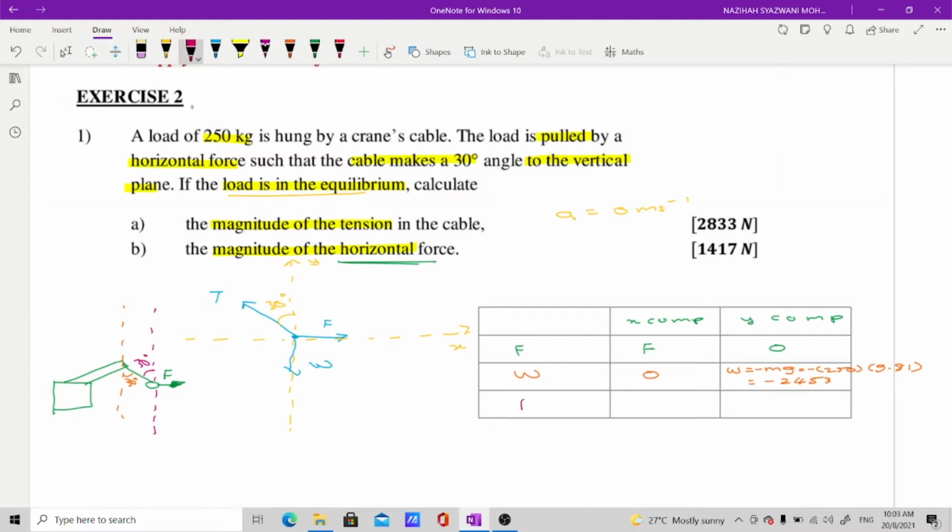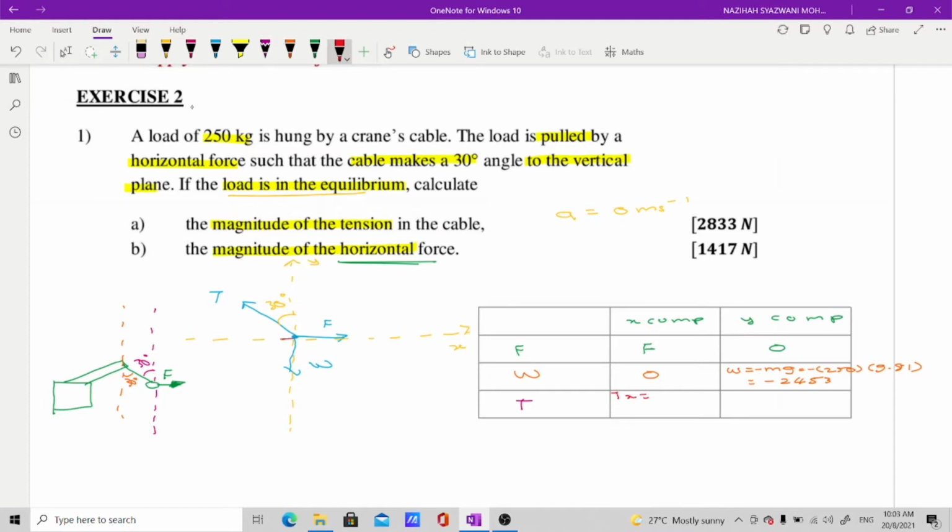Next force is tension. The tension is acting here 30 degrees northwest. For the x component, it would be, sorry, not F, Tx. Let's be consistent with your notation. Tx would be this one.